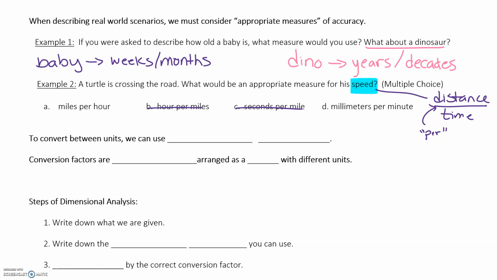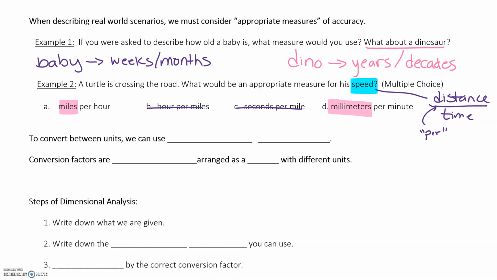Now, think about miles per hour and millimeters per minute. Which one of those is going to be the best to tell us the speed the turtle is crossing the road? If the turtle crosses the road really small, do we want to measure in a big distance like miles, or do we want to take a smaller distance like millimeters?